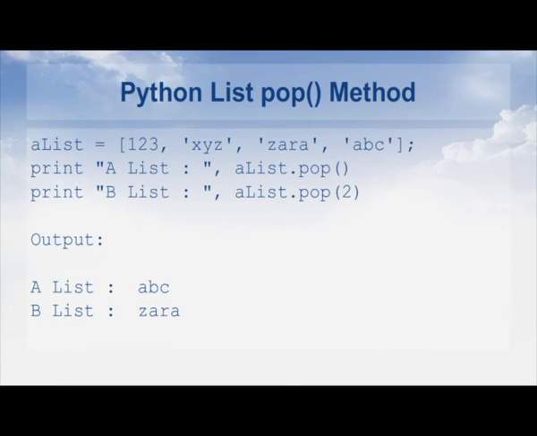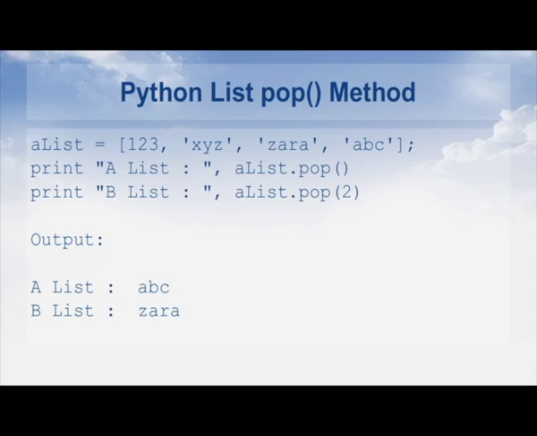The pop method. The pop method is also similar to the remove method, except that the pop method always removes the last element of the list. Say I have a list with elements 1, 2, 3, XYZ, Zara and ABC. Now, when I simply say A list dot pop, the last element is popped out. What is the last element?